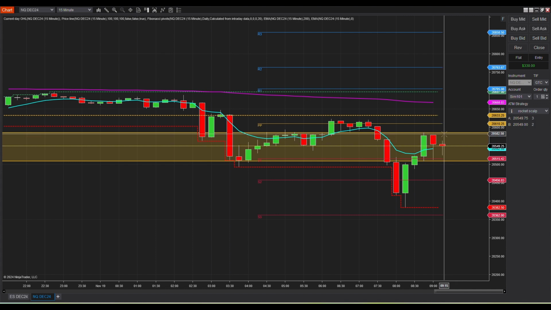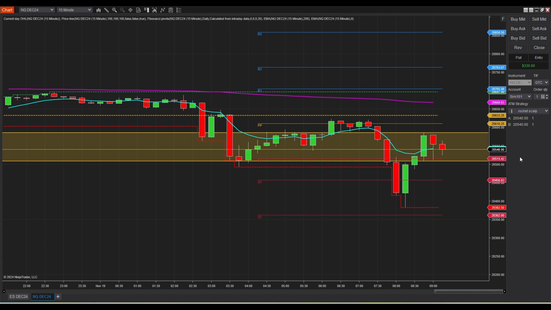Usually when I take trades, I like to put my stop right above where that 15-minute candle high-low is at. So if I'm taking buys here, I'll put the stop here, just depending how big that candle is. So. Still in 15 range.